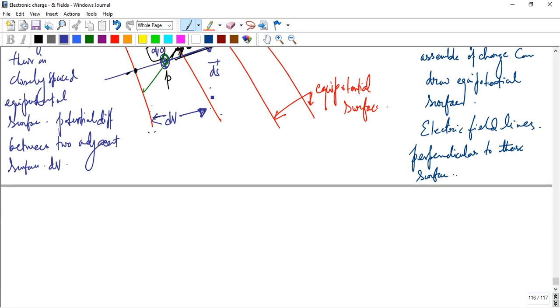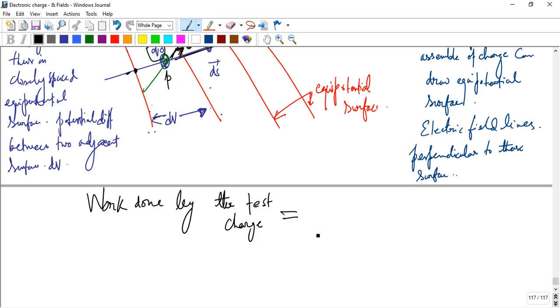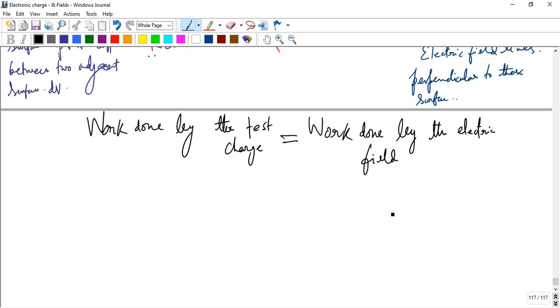So the work done by the test charge is equal to the work done by the electric field.